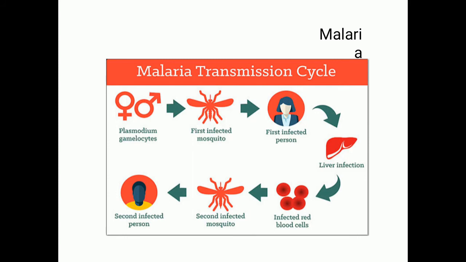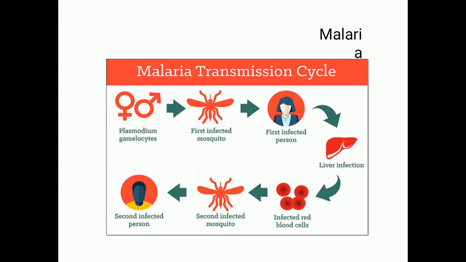The World Health Organization stated that in 2016 there were an estimated 216 million cases of malaria in 91 countries. In the United States, the Centers for Disease Control and Prevention report about 1,700 cases of malaria annually. Most cases of malaria develop in people who travel to countries where malaria is more common.